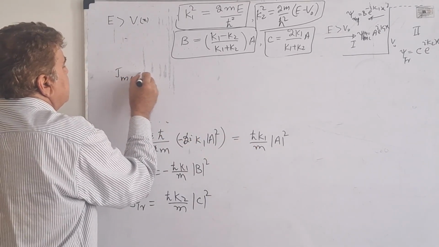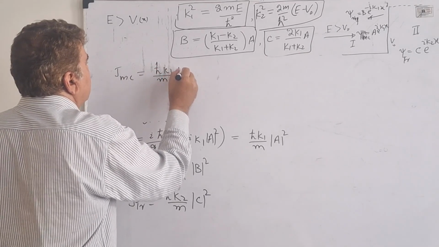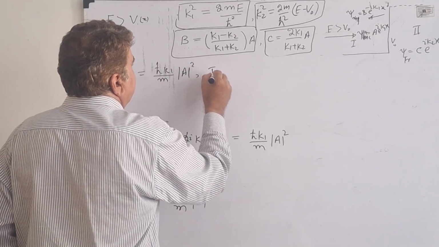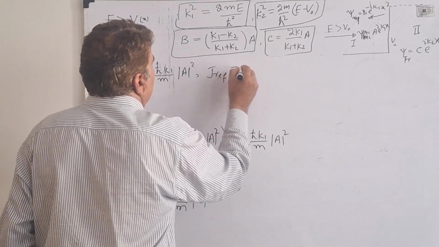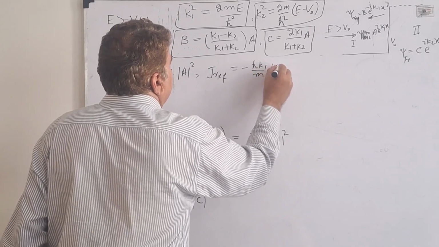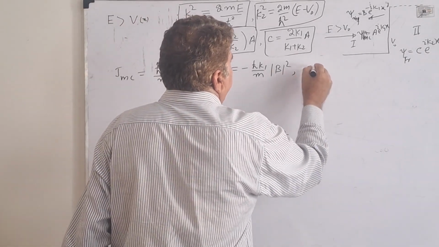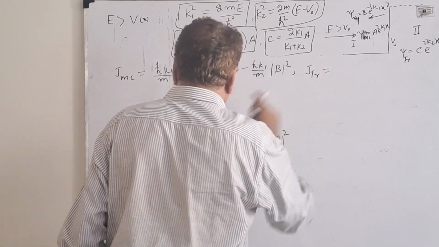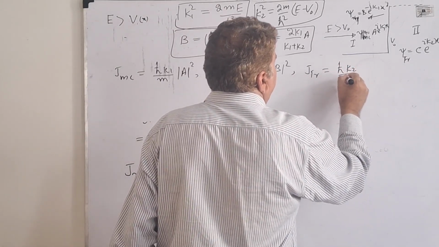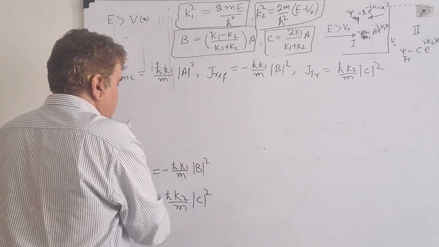J incident equals h bar k1 divided by m into mod A squared, J reflected equals minus h bar k1 divided by m into mod B squared, and J transmitted equals h bar k2 divided by m into mod C squared. So I rub these out too.